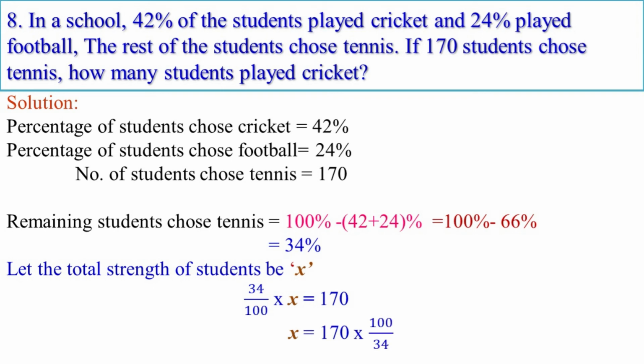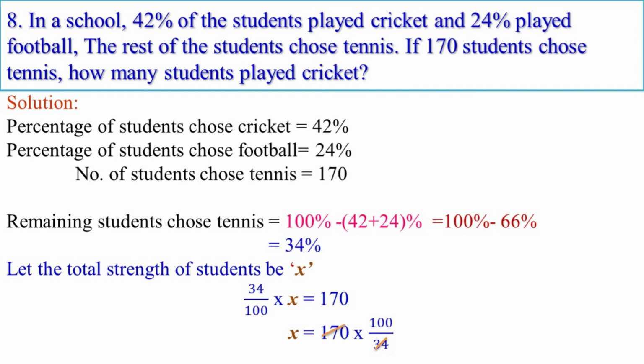Now, x is equal to 170 into 100 by 34. 34 by 100 is written in reciprocal form on the opposite side. Cancelling the common factor. Here the common factor is 34.